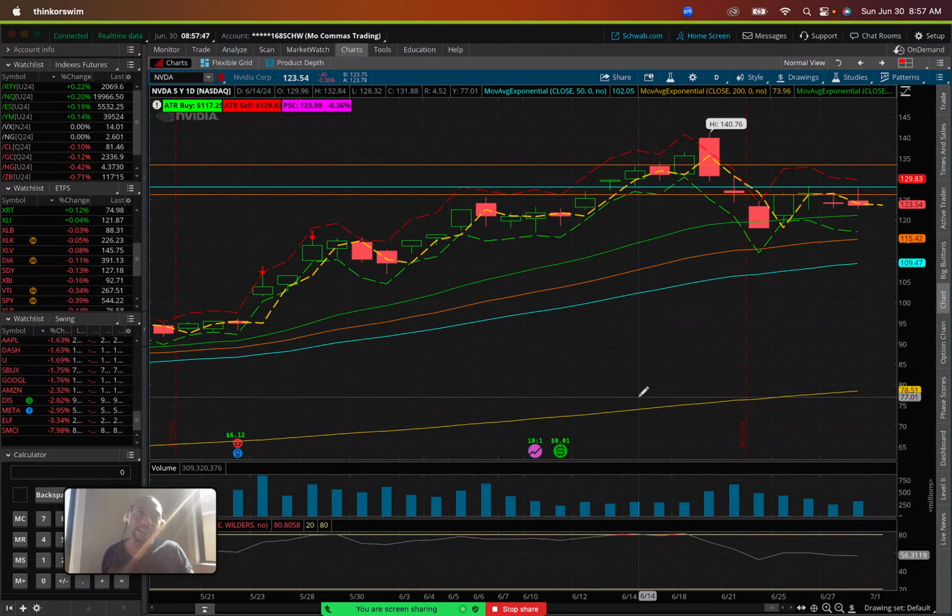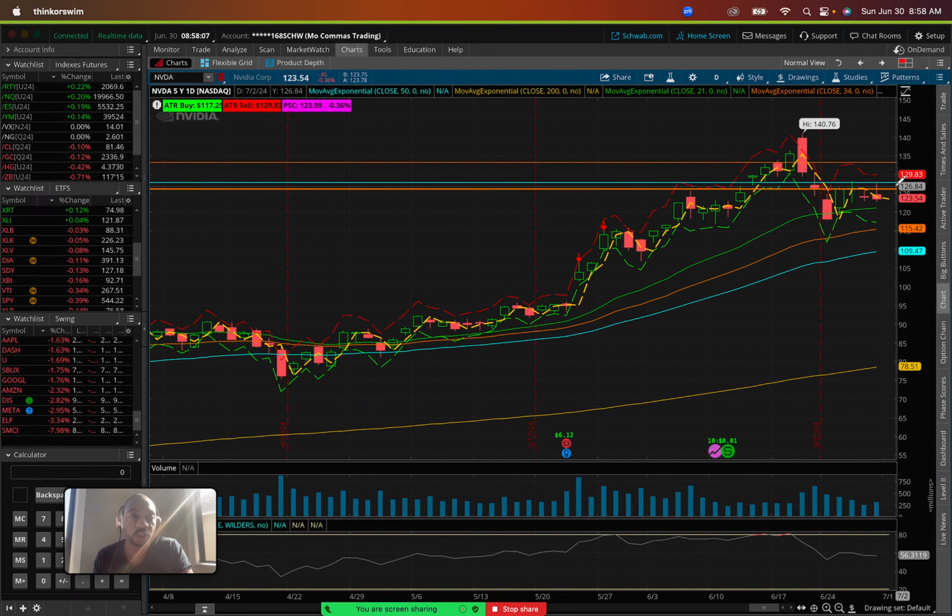But that's all I'm saying: don't short strong things, and don't take weak things long, specifically for day trades and swing trades. You want to be with the trend. So NVIDIA might have had a 2 or 3 day pullback, but if you zoom out, the trend is really strong.